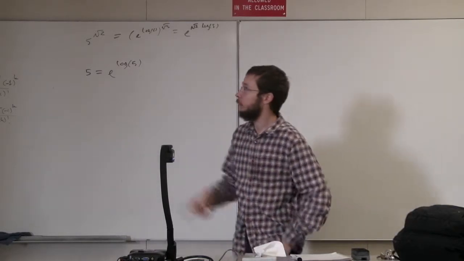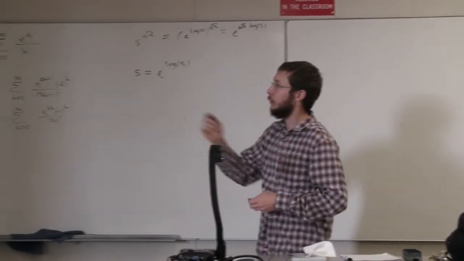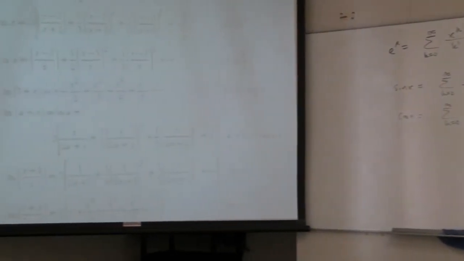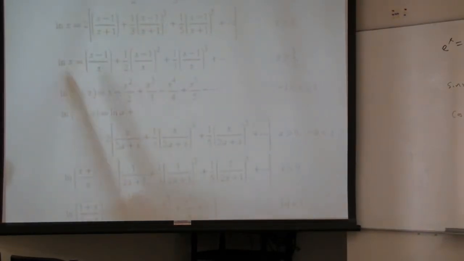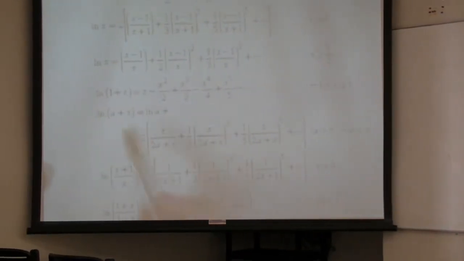And so on the screen, you'll notice that we've got a bunch of different expressions for log base e here. And all of them are slightly different, right? So the first example let's consider is natural log of 1 plus x.